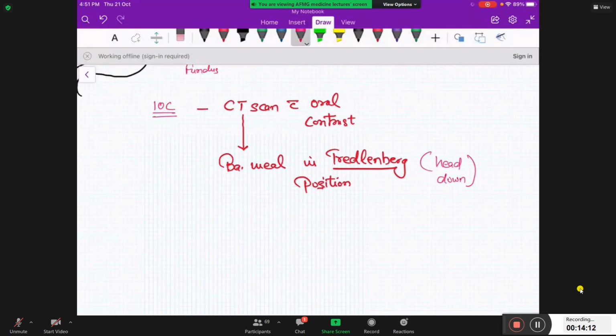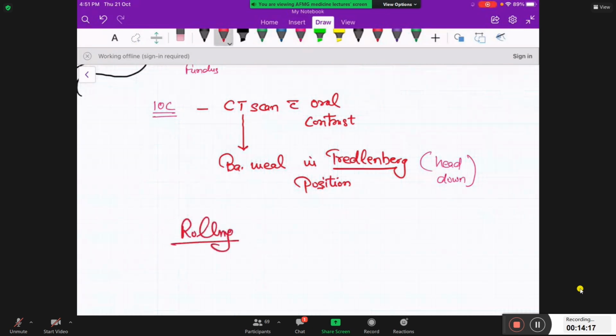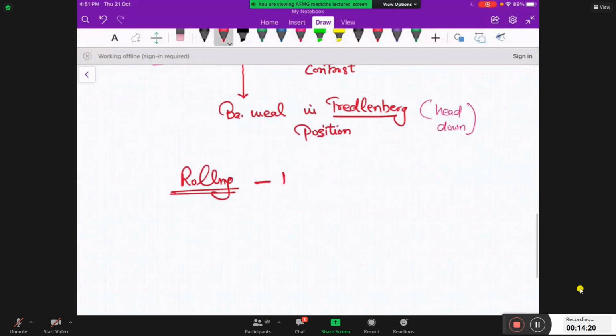Okay. Now, in case of a rolling type of hiatus hernia, please be careful about it. The most common presentation of a rolling type of hiatus hernia is retrosternal chest pain.